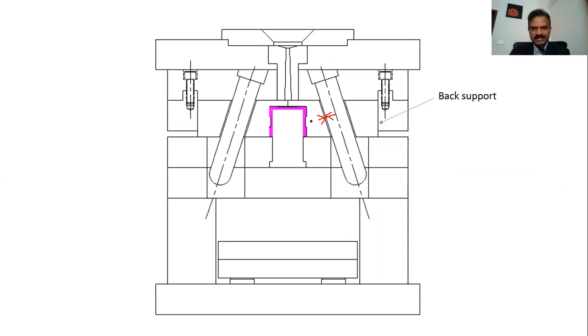You can't have an H7/g6 or a tight or a sliding fit for this purpose. So there is a clearance here. So what happens when the injection pressure comes in, right? It can move for this amount of distance. So it will flash here, right? It will definitely flash here.